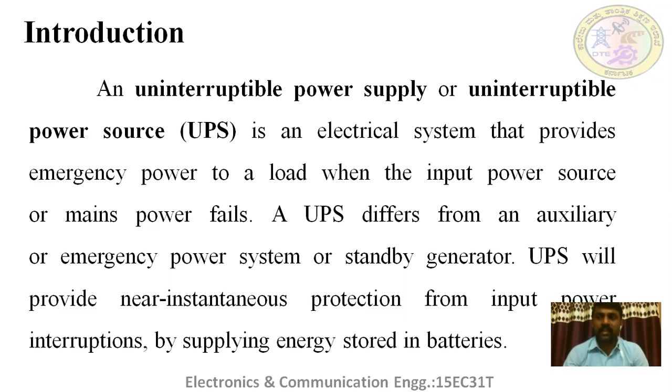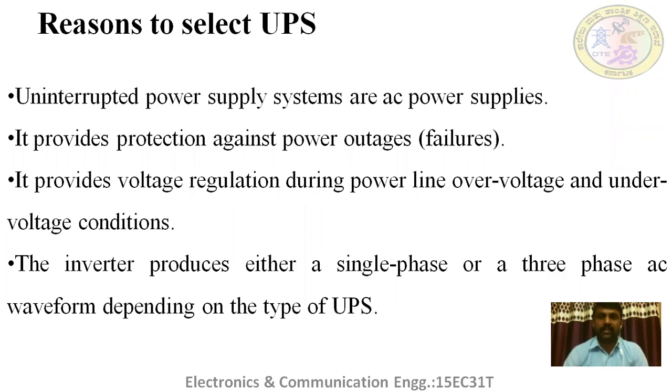Let me see what are the reasons to use UPS. Uninterrupted power supply systems are AC supplies. Because of AC supply, this provides AC power to the loads when the mains fails. Here mains means KEB power supply.